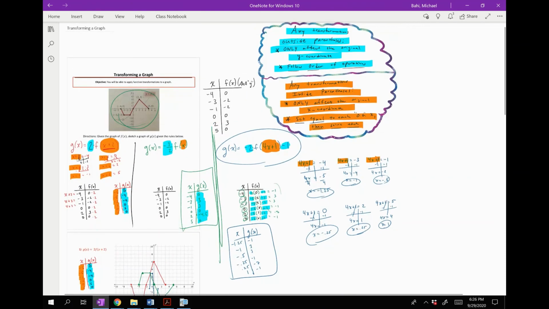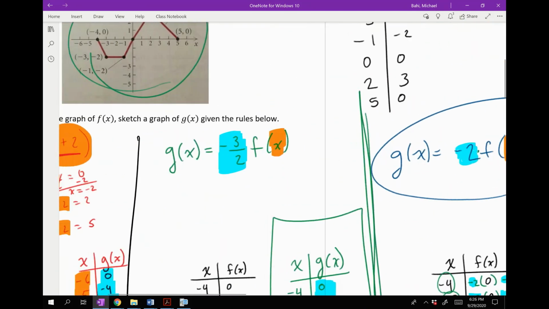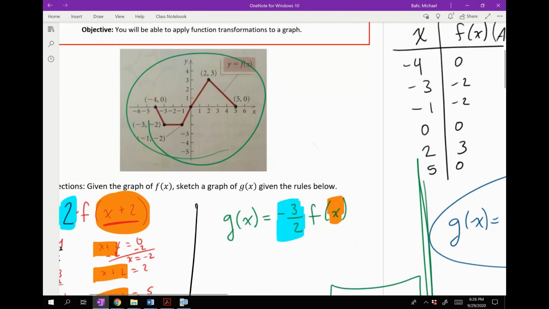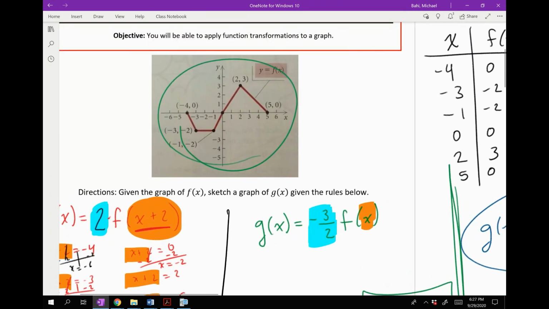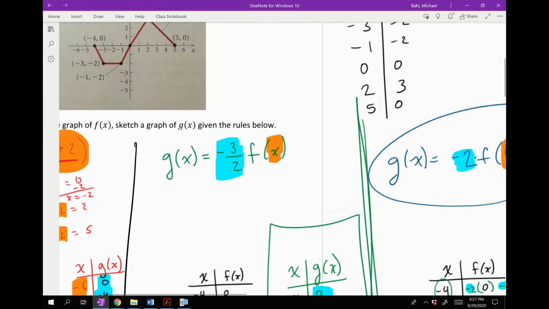The main thing to get out of this is, if you're transforming a graph and they give you a random function like this, then to apply its transformations, you really just worry about the numbers inside the parentheses, which only affect the x, and the numbers outside the parentheses, which only affect the y.